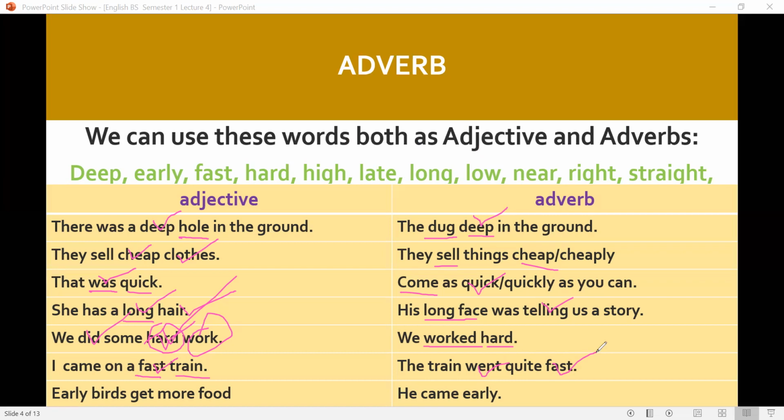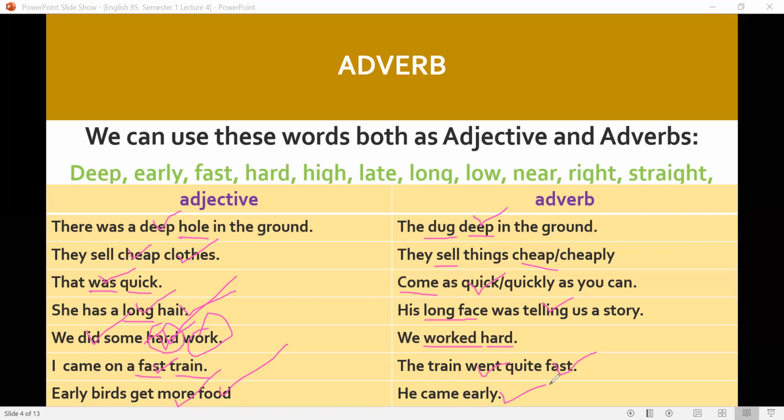Early birds get more food. More comes with food. So here it is an adjective. He came early. Early has come with came. So here it is an adverb.